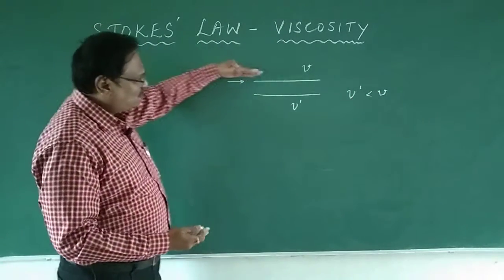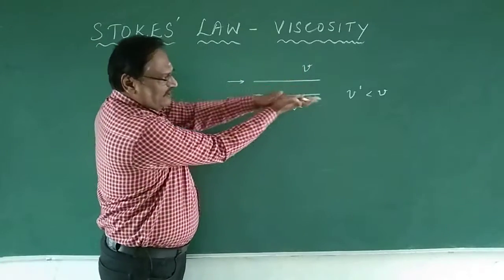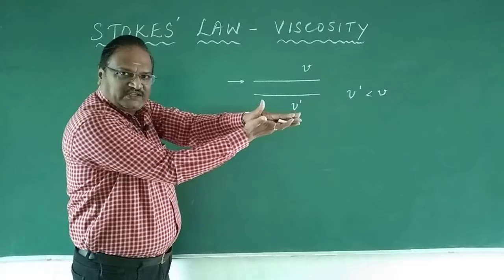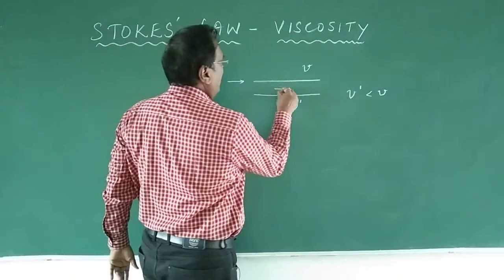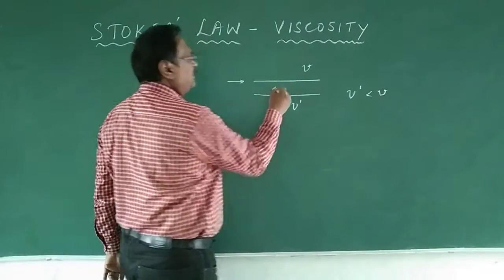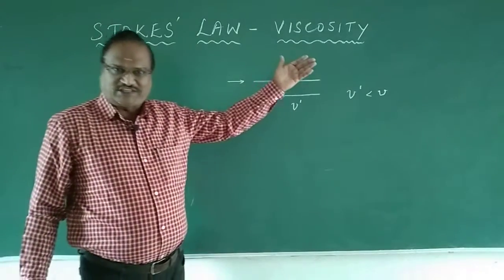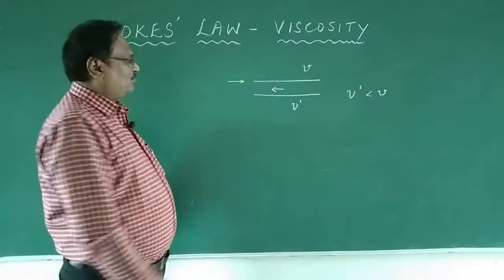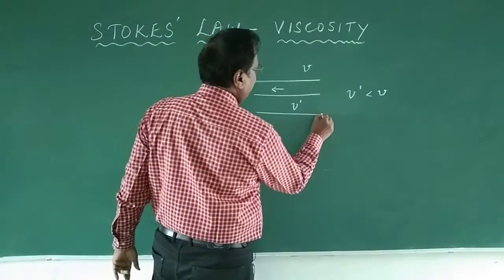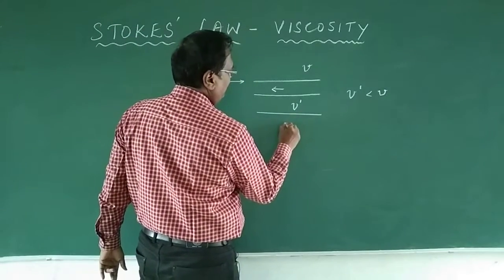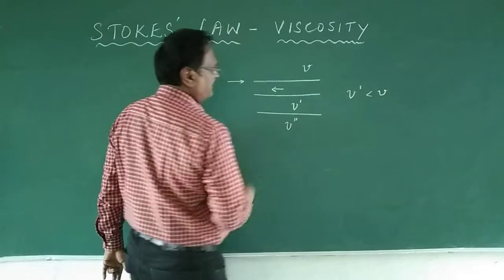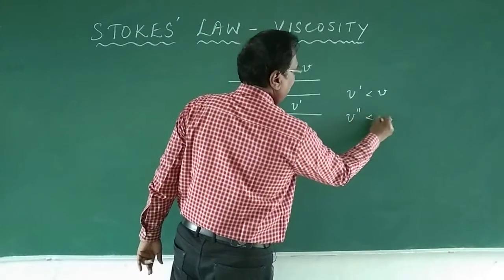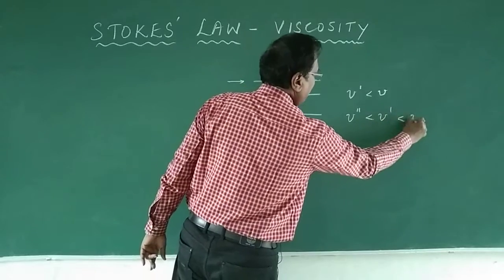Why? Because, just like we have solid friction between two bodies moving, there is a frictional force acting in the opposite direction between the layers, which is called viscosity or viscous drag. Now you have the next layer, moving with a velocity v double dash. You know that v double dash will be less than v dash, which is less than v.